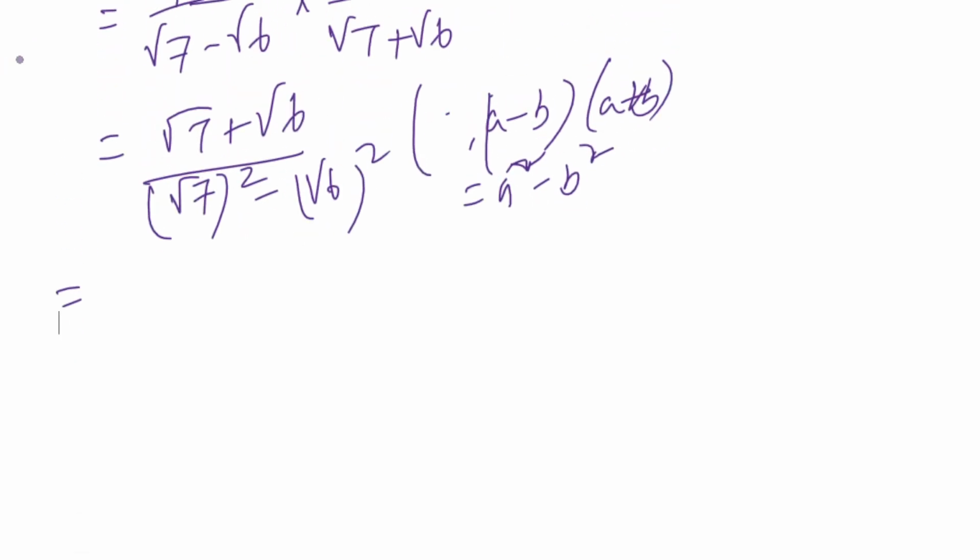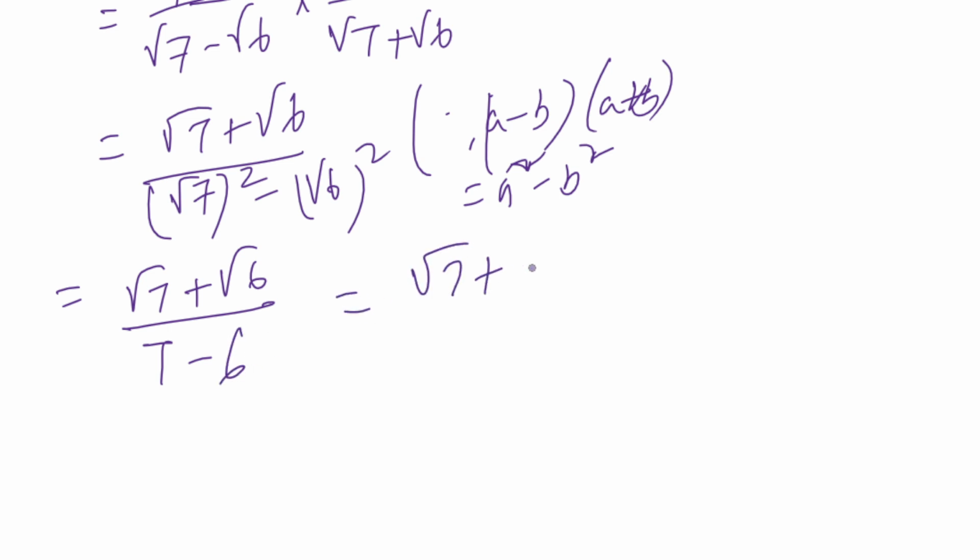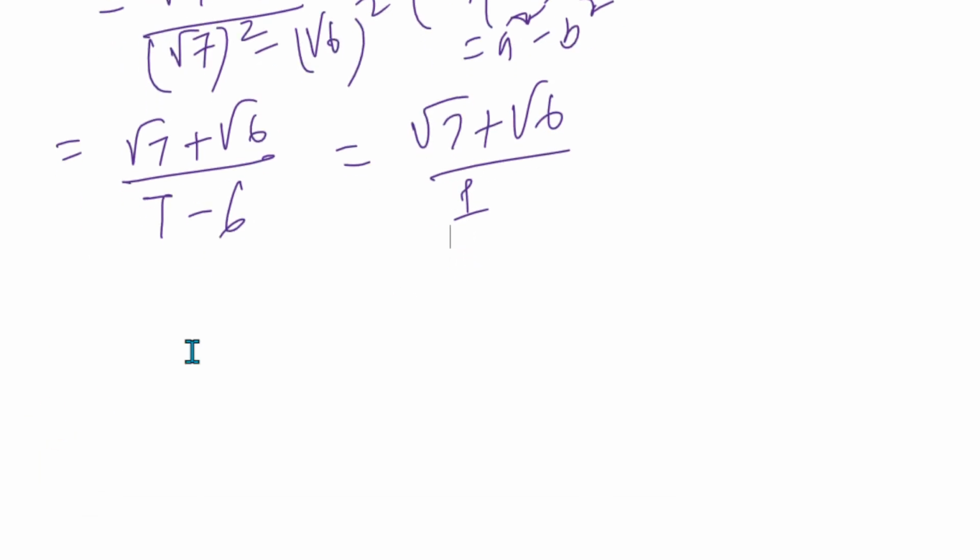So in the numerator root 7 plus root 6, and in the denominator root 7 square is 7, root 6 square is 6. This gives me root 7 plus root 6 by 1, which is root 7 plus root 6. So this is my answer.